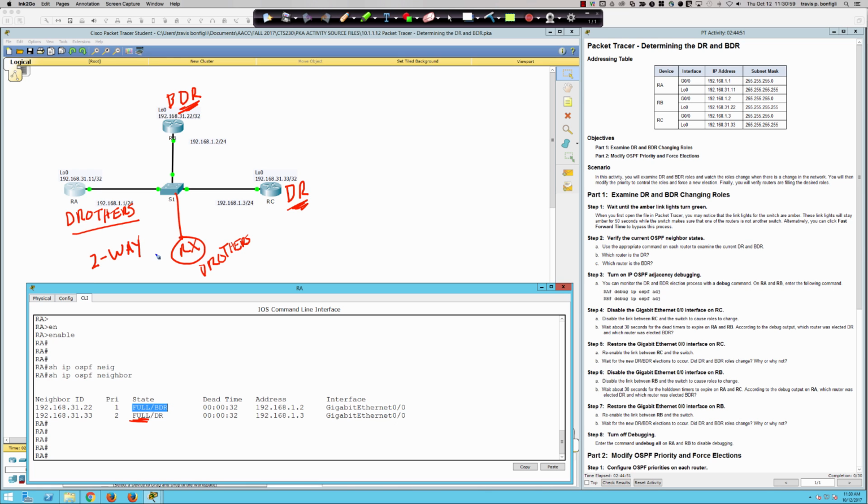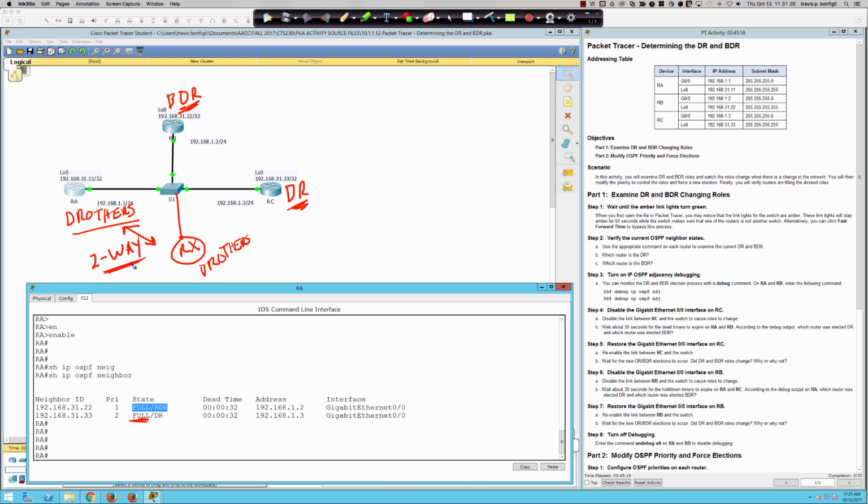And the book does a very good job of pointing out the difference between being adjacent, right, and being neighbors. These two guys here would be neighbors. They would know about each other because they would see multicast packets that are out there. So they would know about each other, but they would not be fully adjacent.